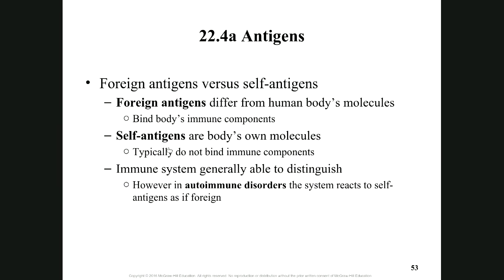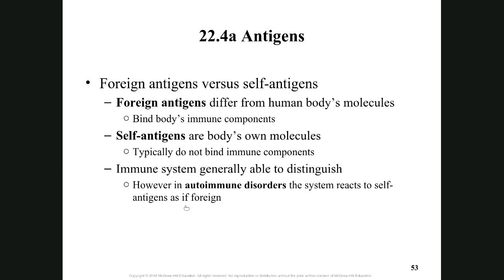So the foreign antigen, or non-self antigen, binds with the body's immune components because they are different enough in structure from the human body's molecules. In contrast, the body's molecules typically don't bind with the body's immune components, which we call self-antigens. Lymphocytes are generally very effective in distinguishing a self-antigen from a foreign antigen.